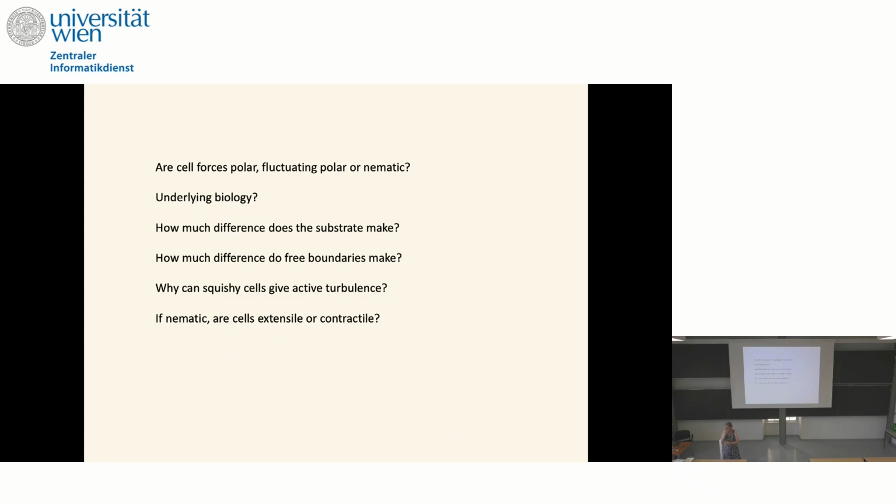Is it possible also to observe what happens during the transition between the constrained state and when they move? Oh, so you're saying as it becomes confluent, what does it do?